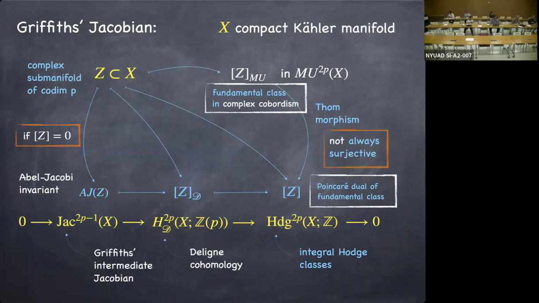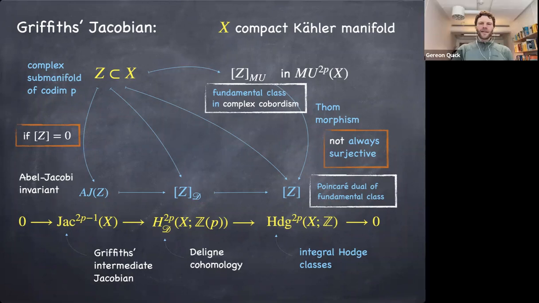So we have just learned that in order to study the geometry of a compact Kähler manifold, it's interesting to look at the Deligne cohomology, to study its Jacobian and the Abel-Jacobi invariant, but also complex cobordism plays a role in this story. And this is the motivation for what will follow, because the first goal now is to define a generalization of the Deligne cohomology based on complex cobordism instead of cohomology.